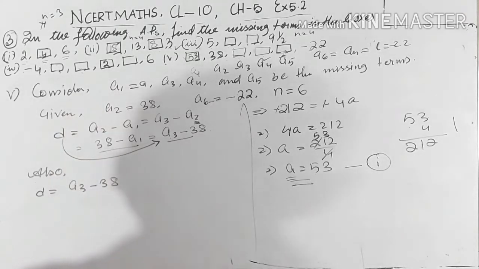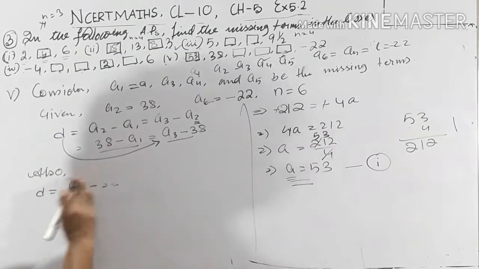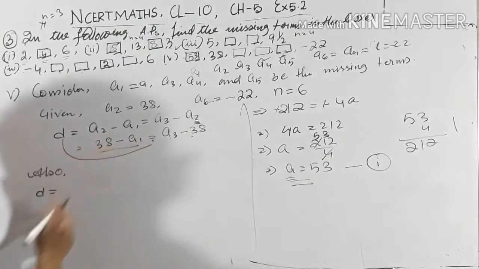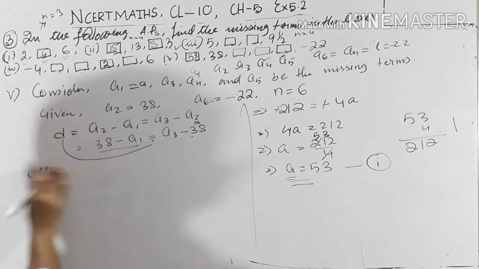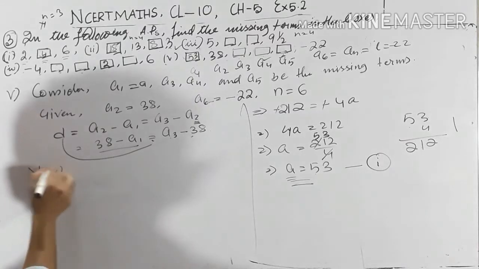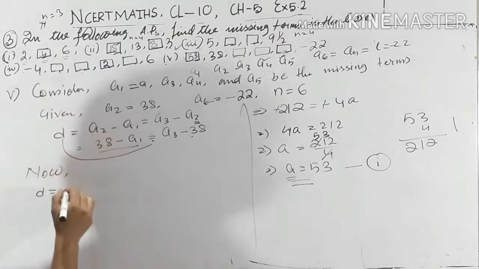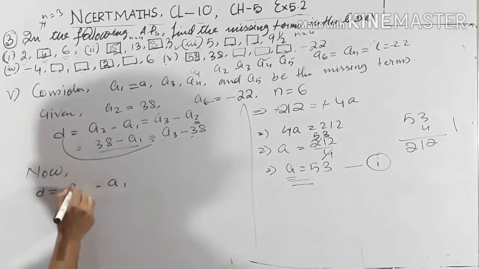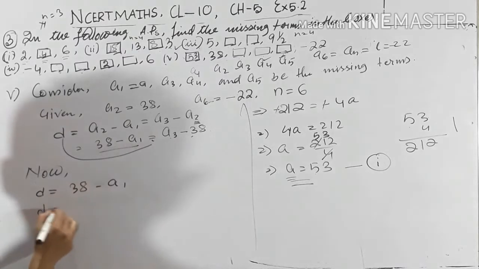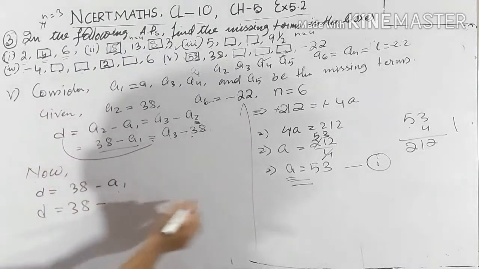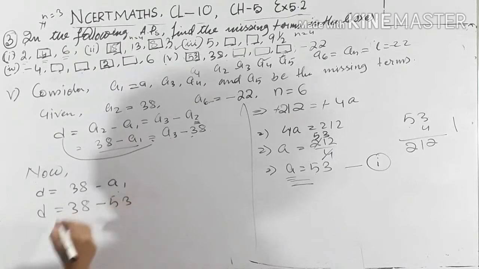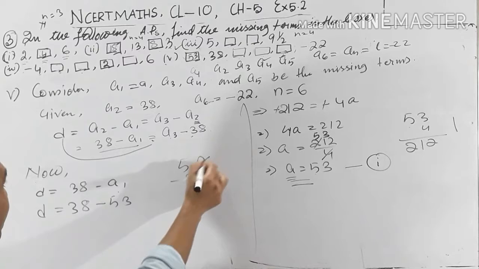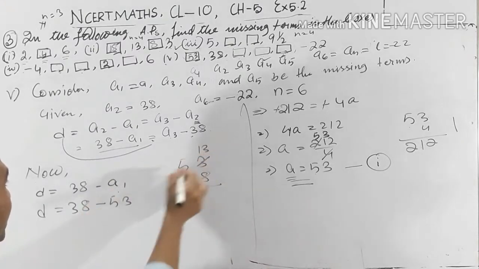Since we are going to find out the common difference only, now this is a2 minus a1, directly 38. a1 equals to how much? It is 53, right? 53 minus 38, so it will be 13.